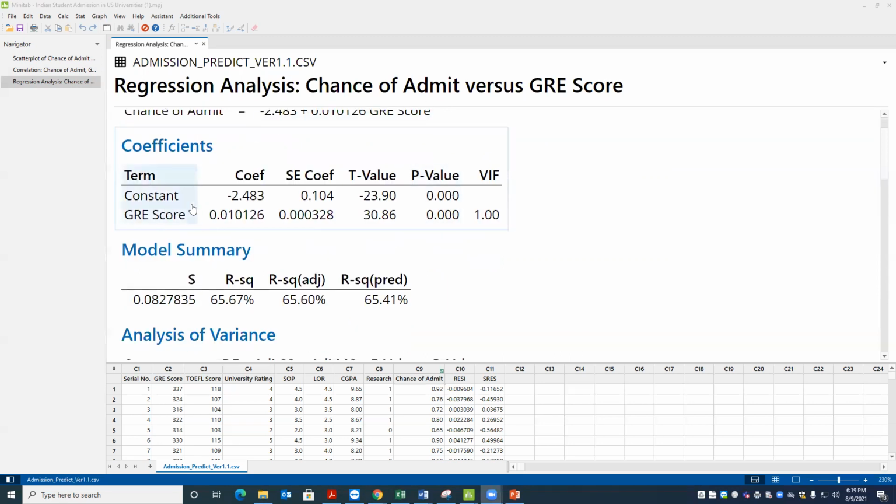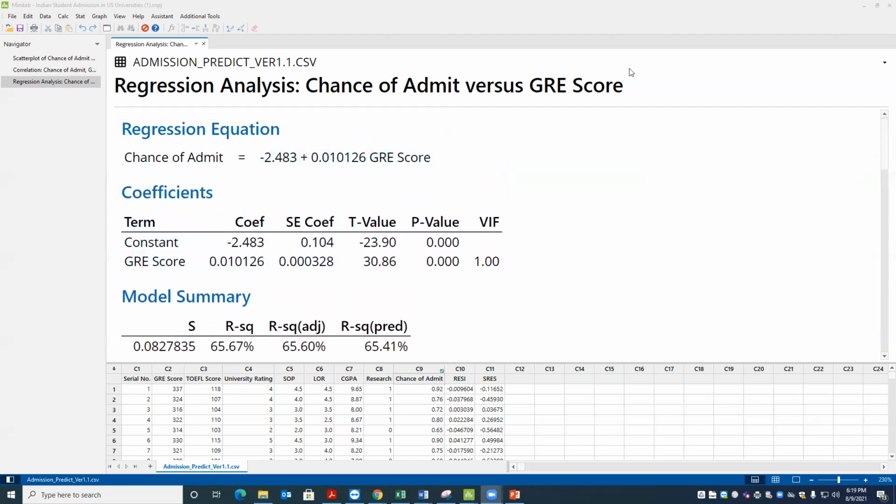Here we have two coefficients. One is this constant, and this is a slope. So you can see clearly, this is this, and this is this. Now, the null hypothesis related to the constant.